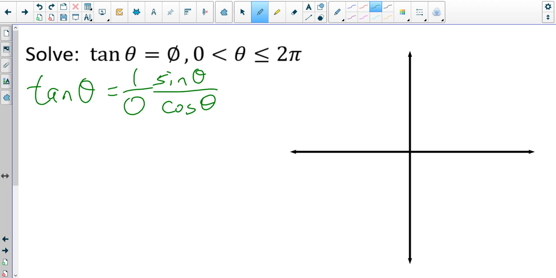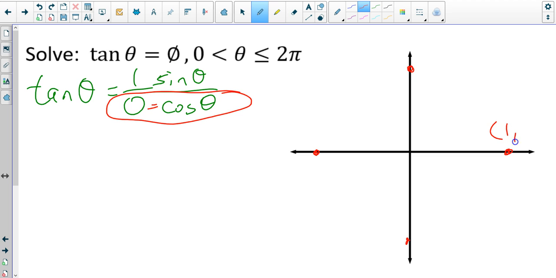So I need to find values where the cosine of theta is equal to 0. So once again, when they ask where the tangent of theta is undefined, it's another way of asking where the cosine of theta is equal to 0. Well, that would only occur at one of our 4 places on our axes.